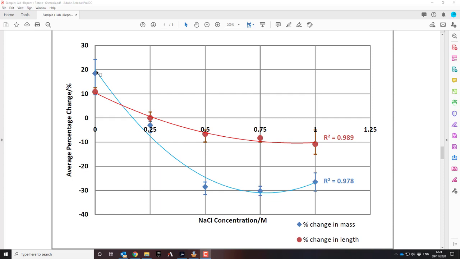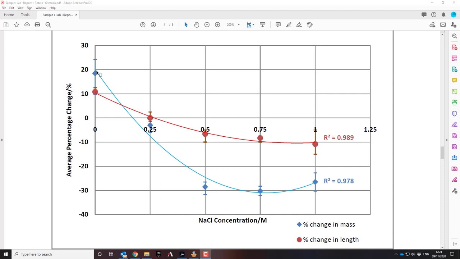So this is an experiment that allows me to see how strong this gradient is, how strong this effect is, which would be to create a model of that flow of movement and a model of osmosis. It also allows me to calculate a particular value, which is what is the ionic strength of the potatoes.